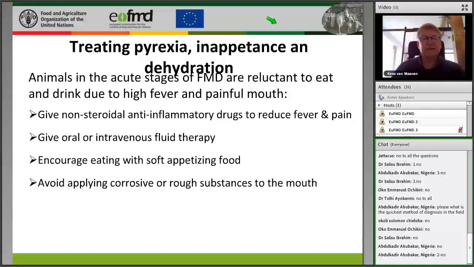I know in all sorts of countries and traditions there are all sorts of medicines that are applied in the mouth, but some of them may have a rationale, but many of them will be caustic and will even induce more pain and more necrosis and will not be very helpful.